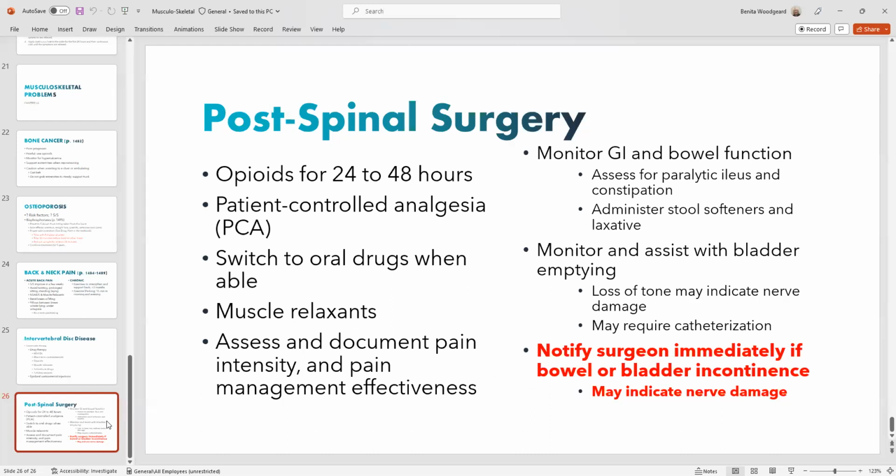They may have trouble with their bladder emptying, and they might need straight catheterization, not an indwelling catheter. And you would notify a surgeon immediately if bowel or bladder incontinence occurs or starts to occur, because it can indicate nerve damage.